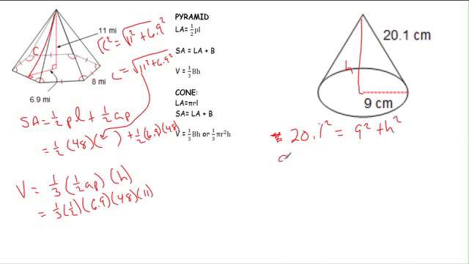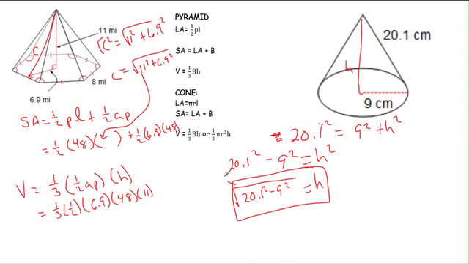So you'd have to subtract 9 squared, so 20.1 squared minus that would equal H squared. Take the square root of that. All right. So that's really the only difference. You plug that in for H here. Otherwise, it gives you the slant. Everything's the same. I don't need to do that. I don't think. Waste your time.